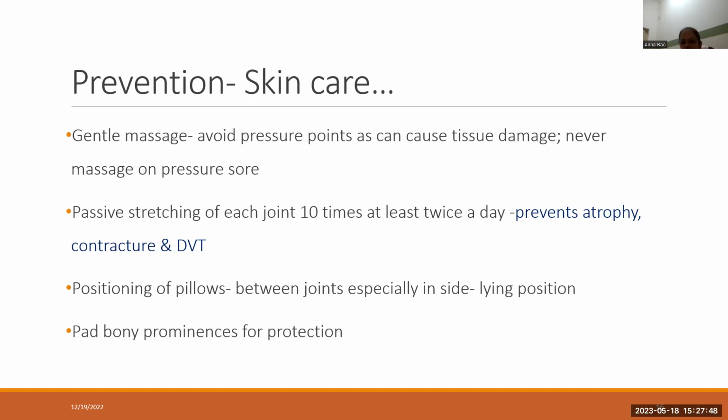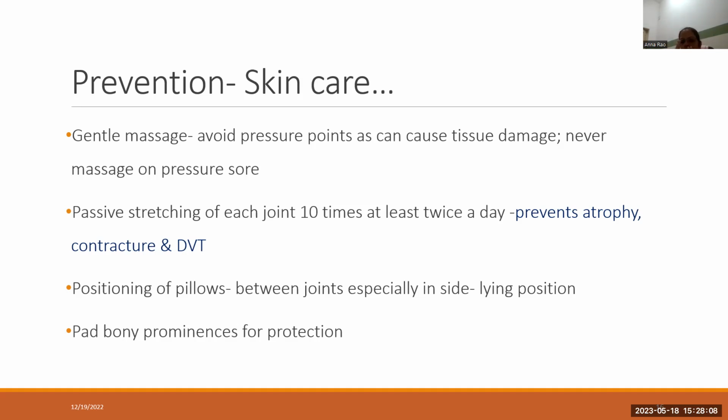Positioning of pillows. Pillows may be available plenty in hospital, but it may be scarce in homes, right? So many times patients are very poor. So what to do? At that time you can use any soft cloth.